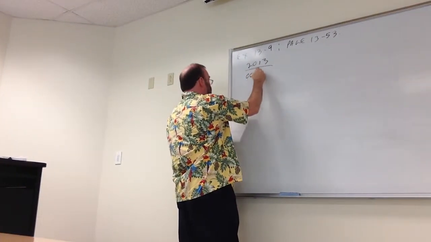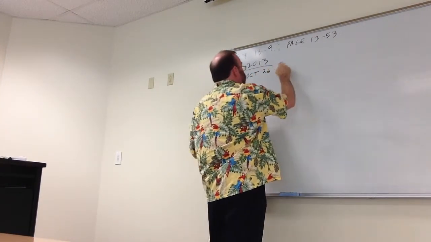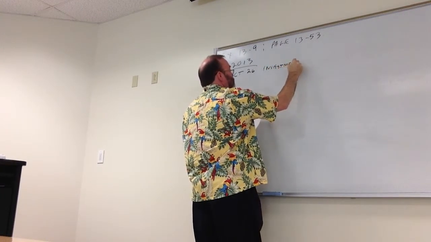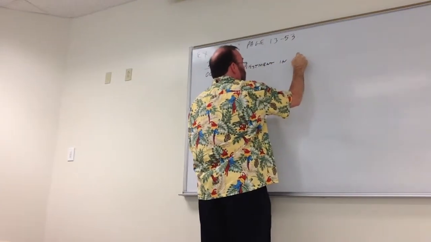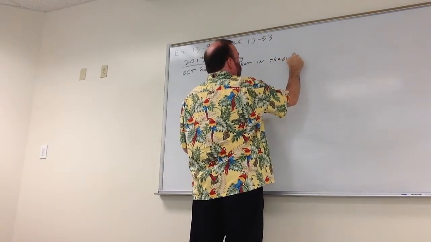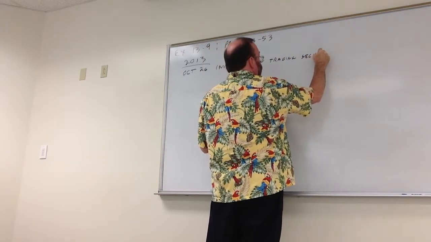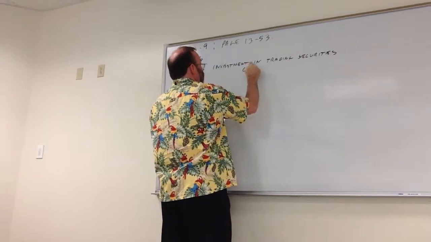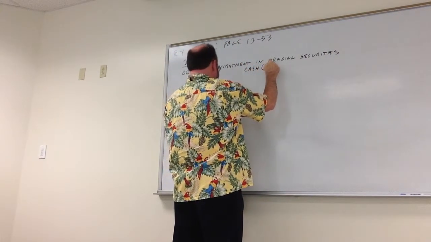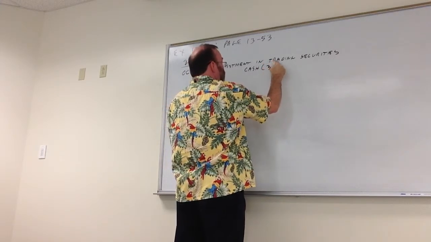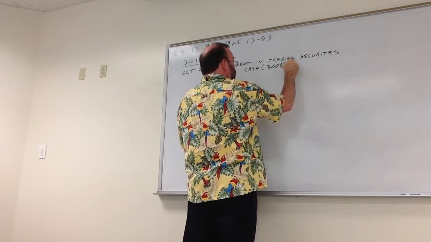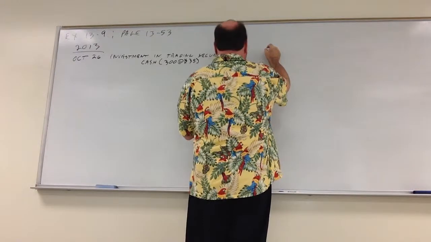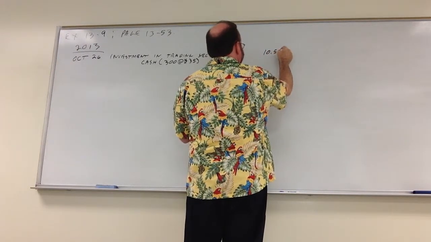So October 26th, we make a debit to investment in trading securities, and we credit cash for the 300 shares at $35 a share. So that's a total of $10,500.